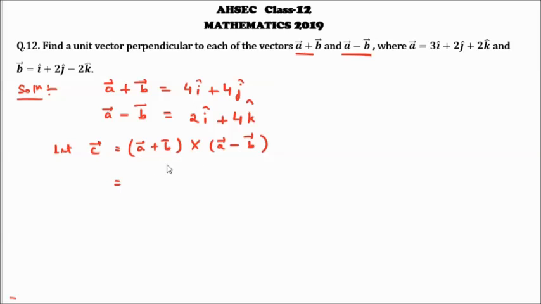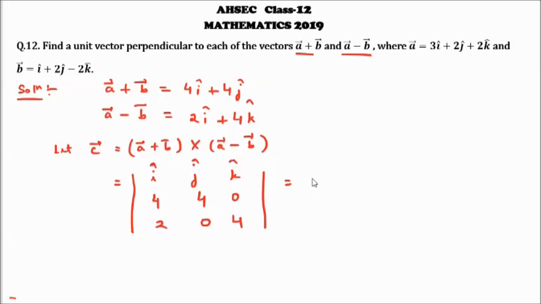So from here we have got a vector plus b vector and a vector minus b vector. This one I can find from the determinant formula of cross product. This is i cap, j cap, k cap. So this will be 4 4 0, this will be 2 0 4.